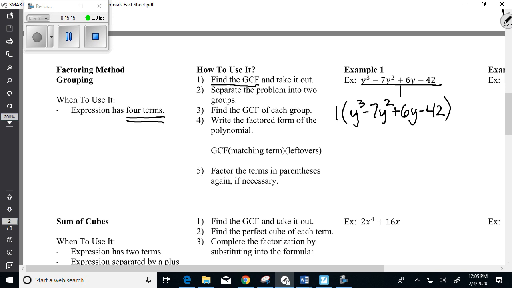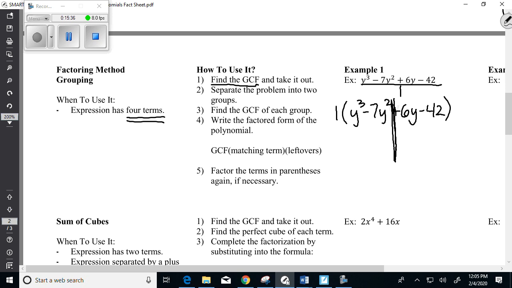So, step 2, separate the problem into 2 groups. This is pretty self-explanatory. Literally take the problem and split it in half. First 2 terms is one group, the second 2 terms is the other group. Now, you find the greatest common factor from each group.